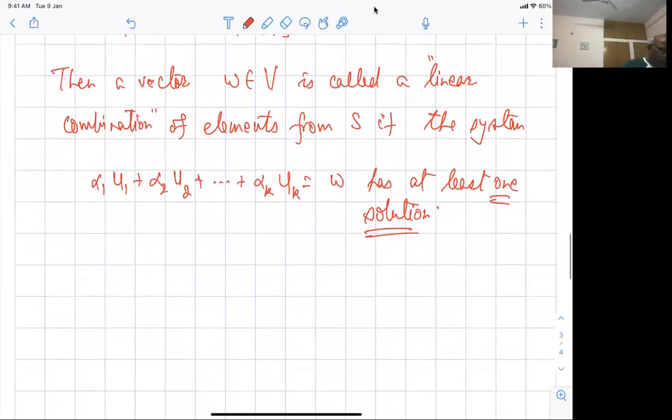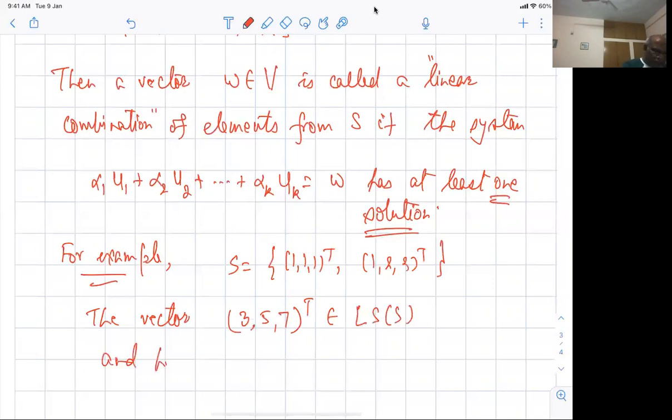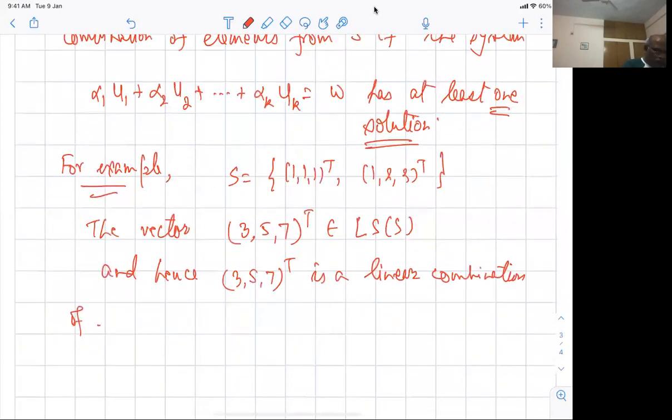For example, in the previous example, if I look at S, which was supposed to be (1, 1, 1) transpose and (1, 2, 3) transpose, I'd like you to see that the vector (3, 5, 7) belongs to LS of S, and hence (3, 5, 7) transpose is a linear combination of elements from S. Is that okay?